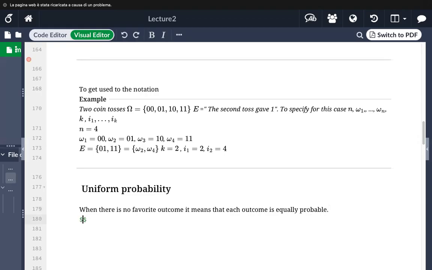So let's take again omega equal to omega 1, ..., omega n, and p1 is equal to p2, which is equal to pn, which is equal to a certain number c, which is in [0,1].